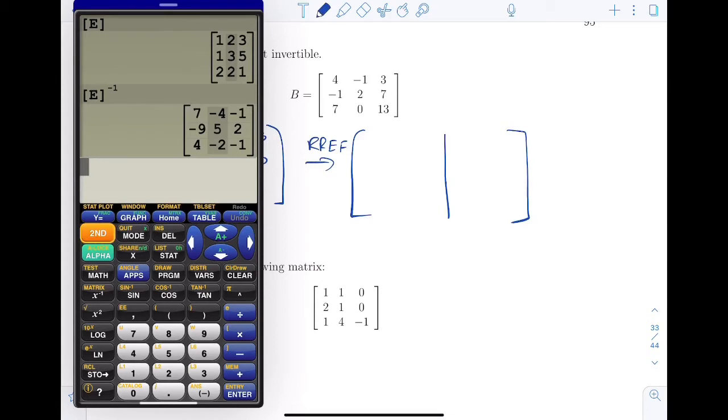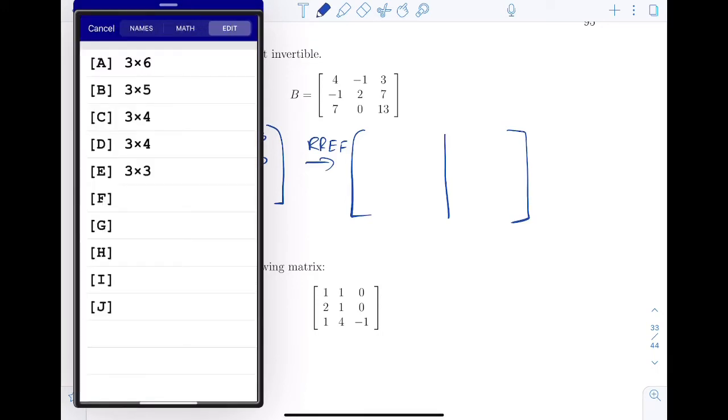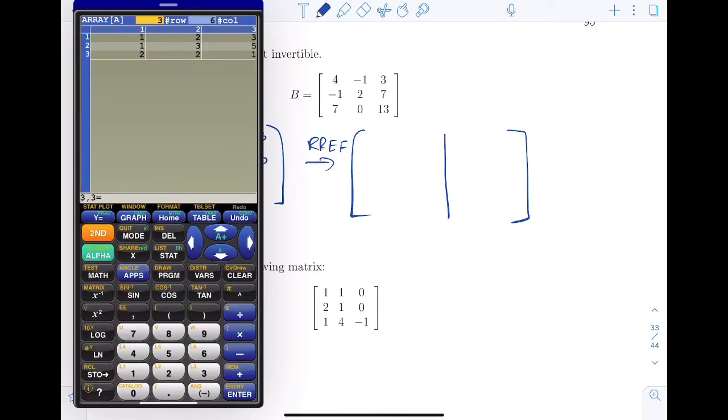Let's go back to our matrix panel here, and we'll edit the matrix A. It's already the right size, so that's a 3 by 6. So it's 4, -1, 3, and -1, 2, 7, and 7, 0, 13.